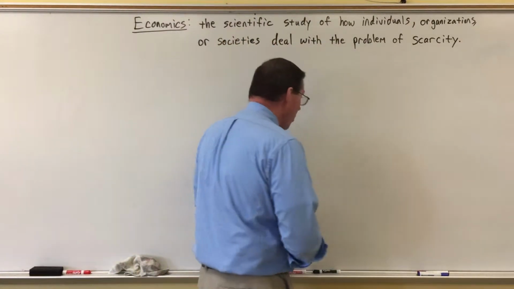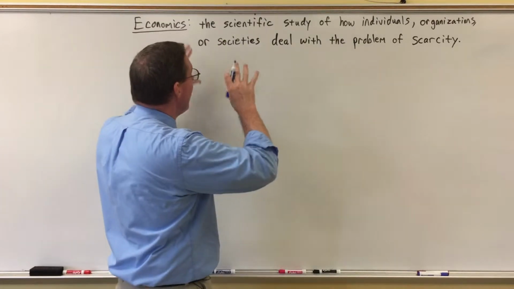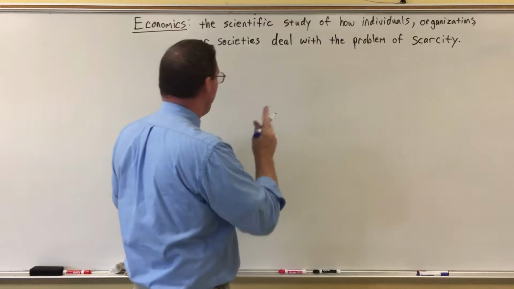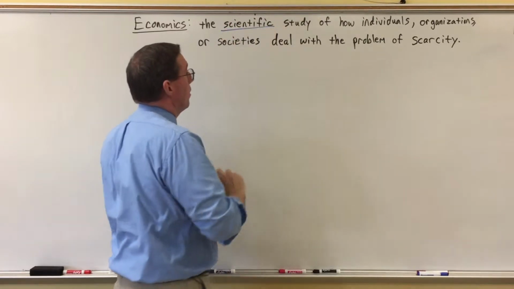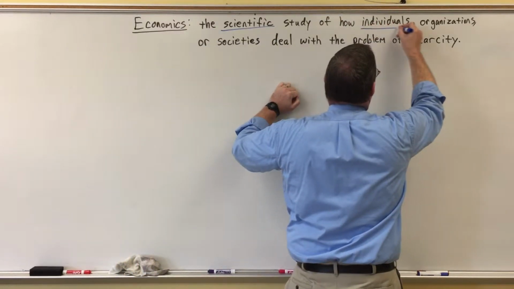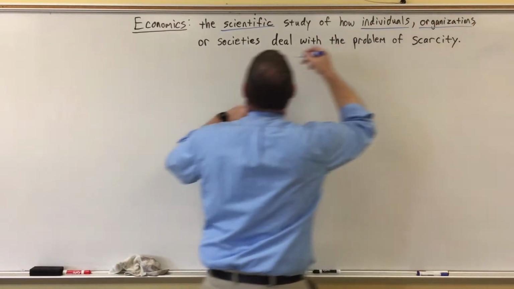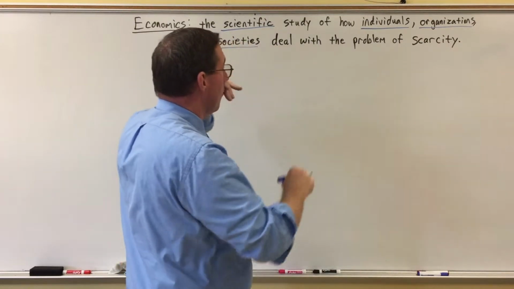So there are four main elements of this definition. The first thing I want to tell you is that economics itself is scientific. That it focuses on individuals, organizations, and societies. So that's its own one category.